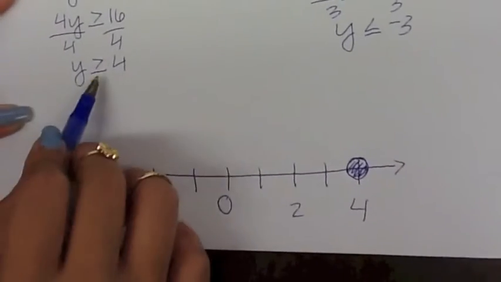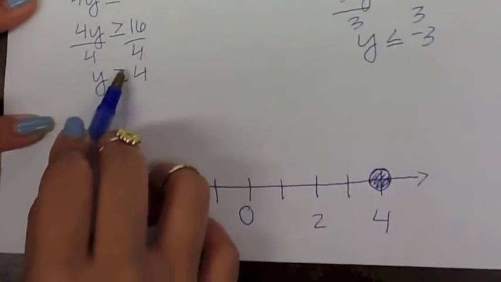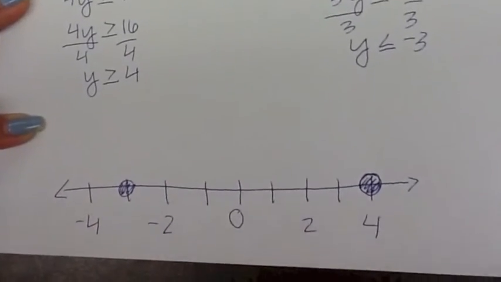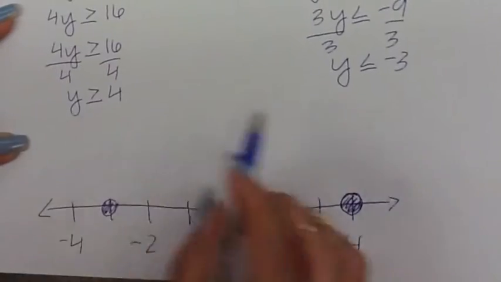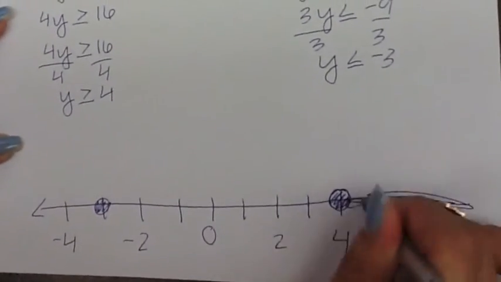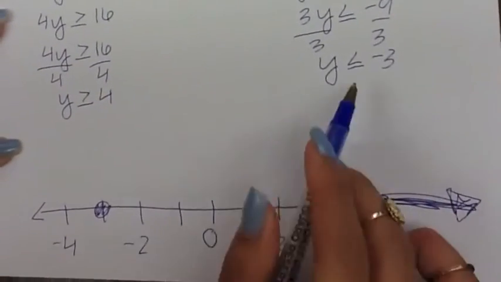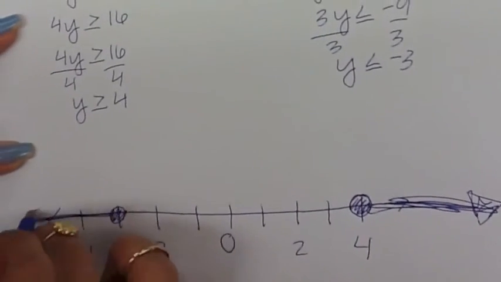A tip is if it has a line under the inequality sign, just color it in. So if y is greater than 4, you would want to go more into the positives. And if y is less than negative 3, you would go into the negatives.